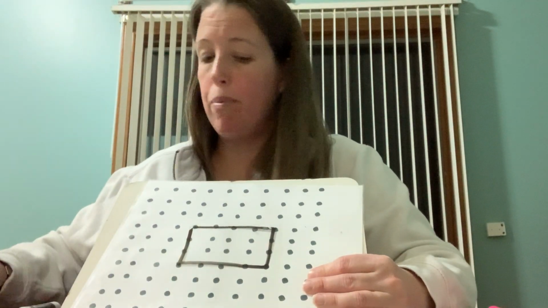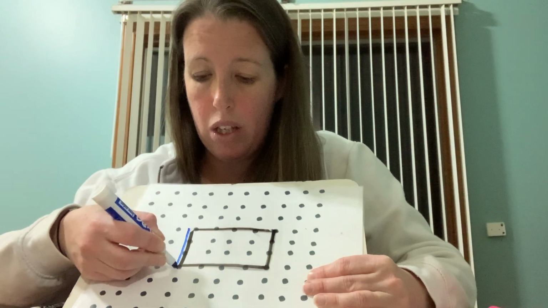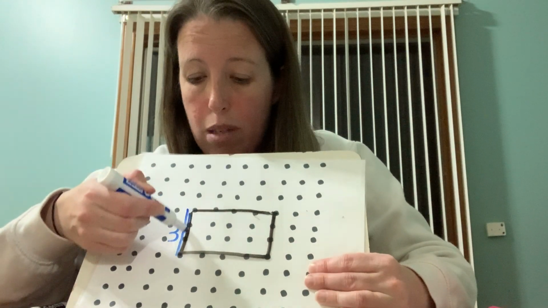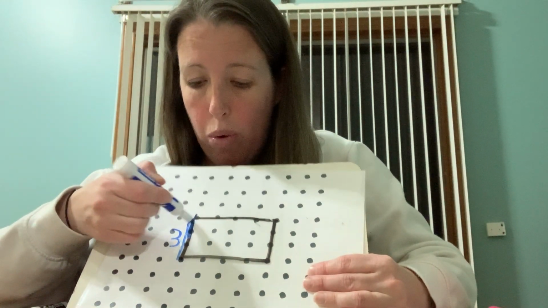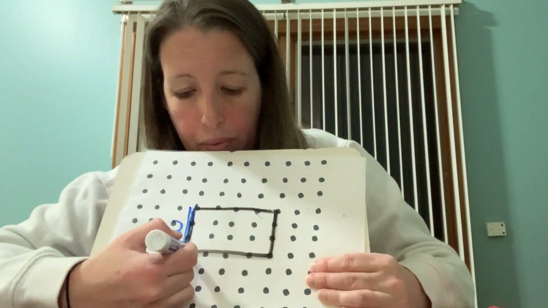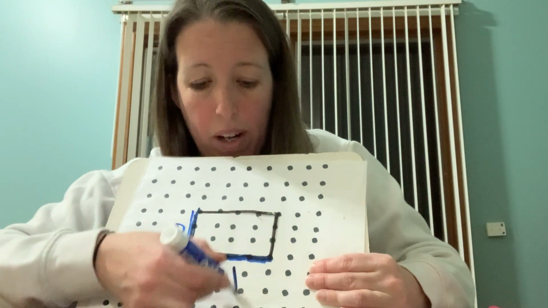So I'm going to go with my blue. Here I have 1 unit, 2 units, 3 units. Remember, I'm not counting dots. I'm counting the spaces between them. 1, 2, 3. Then I'm going to come down here. 1 unit, 2 units, 3 units, 4 units.